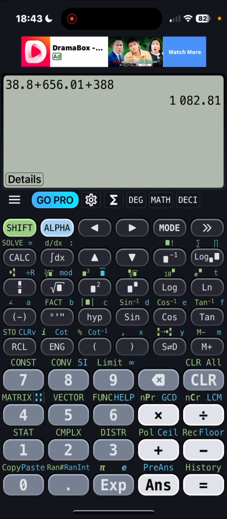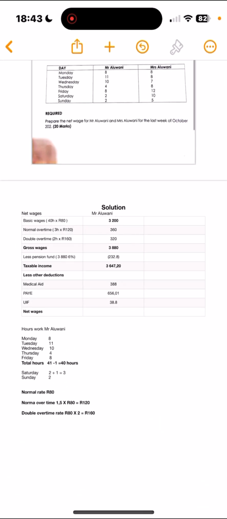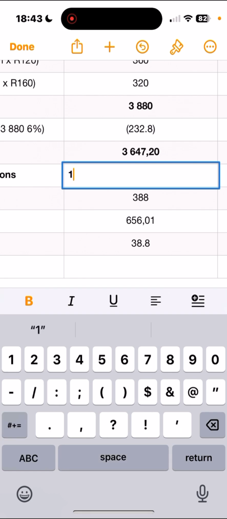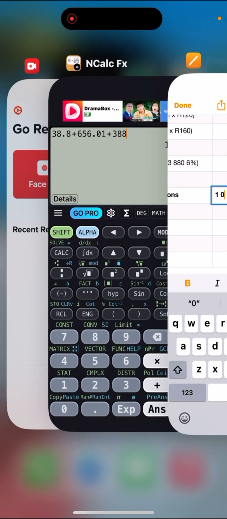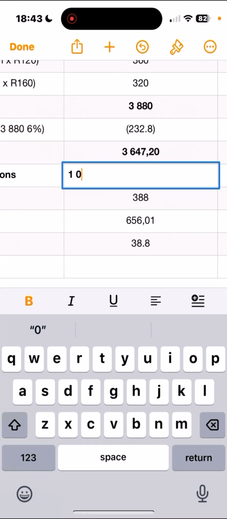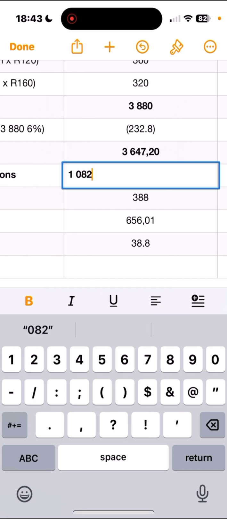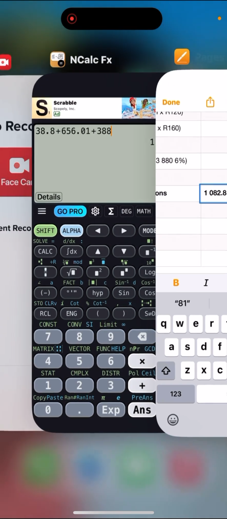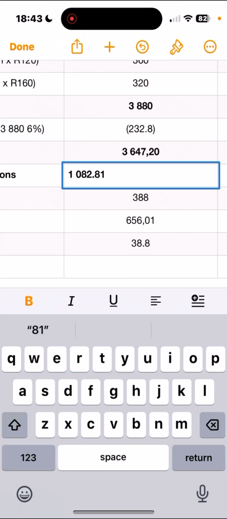So our other deductions are 1,082.81. Let me just verify.